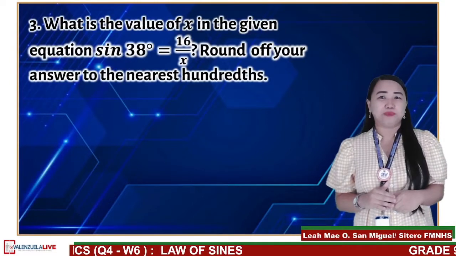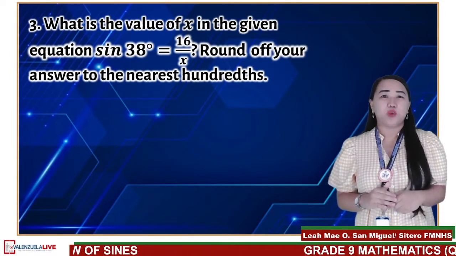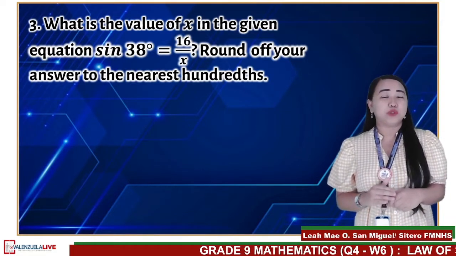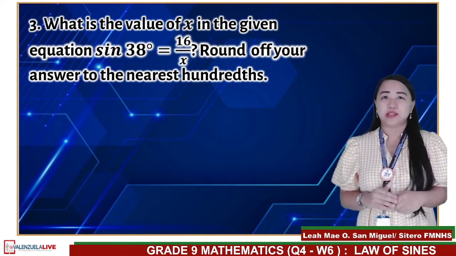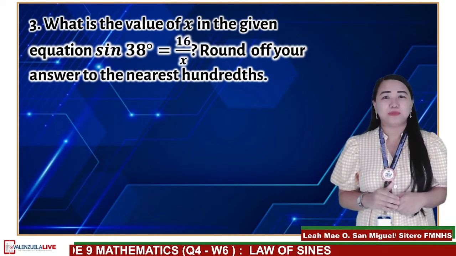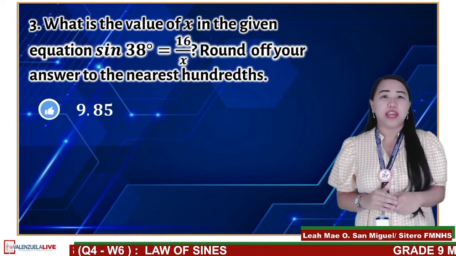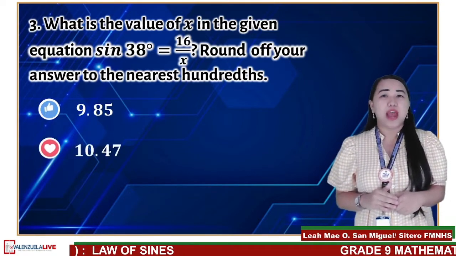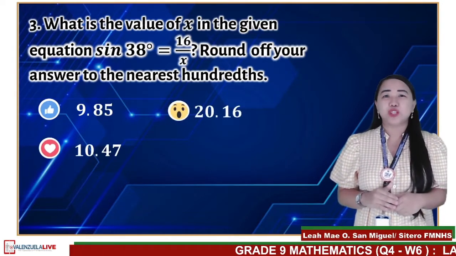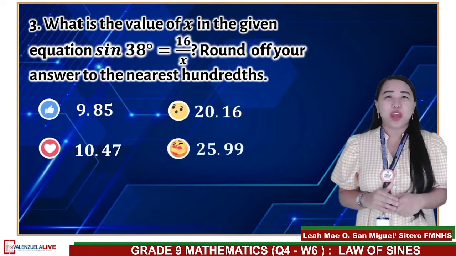Number 3. What is the value of x in the given equation? Sine 38 degrees is equal to 16 over x. Round off your answer to the nearest hundredths. Click like react if your answer is 9.85, heart react 10.47, wow react 20.16, care react 25.99.